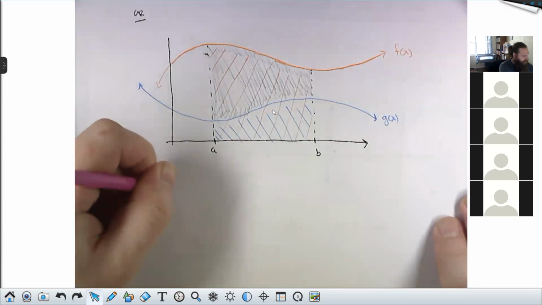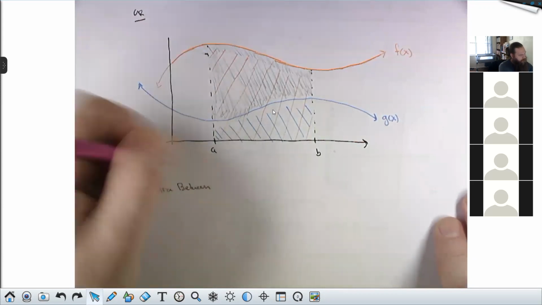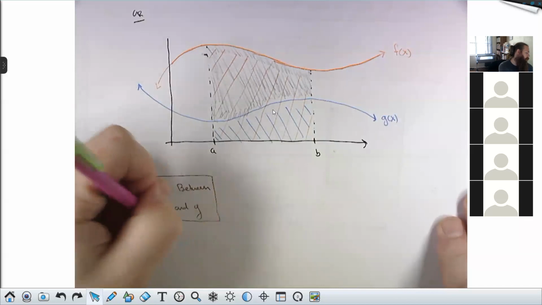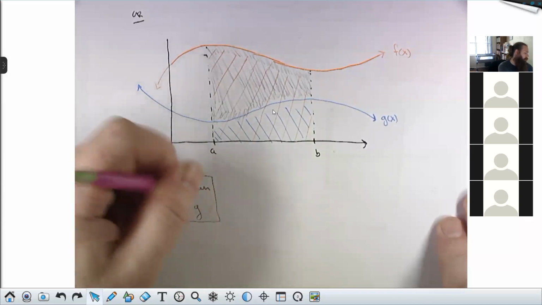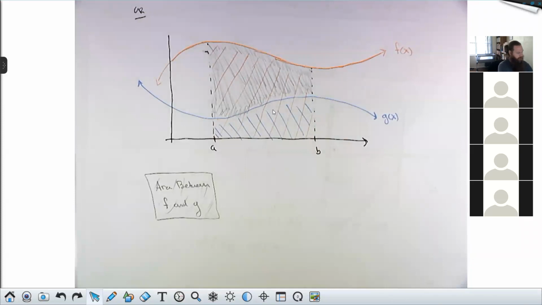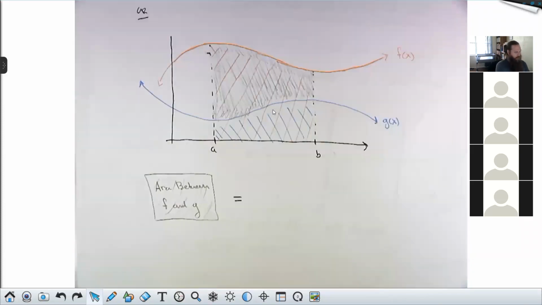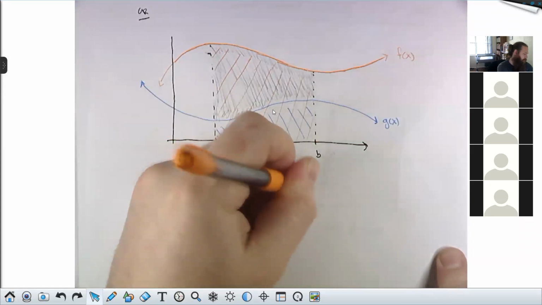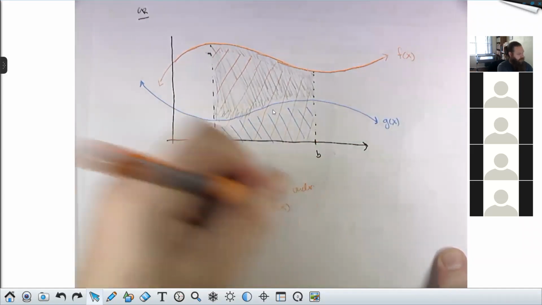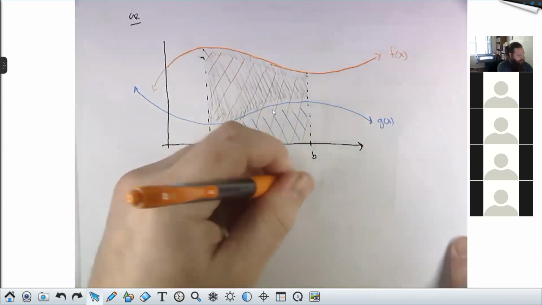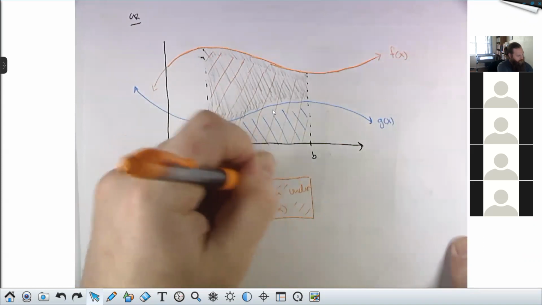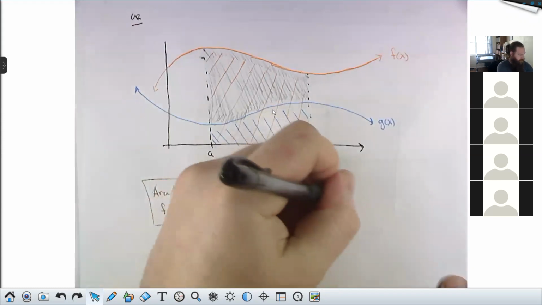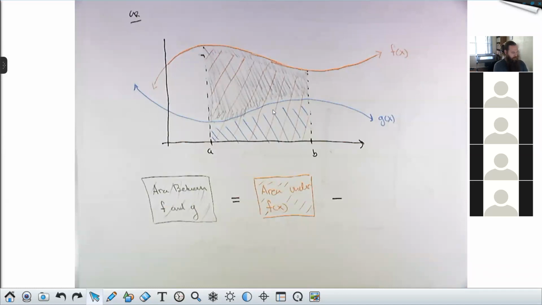So the area between f and g, which is the area in pencil, is equal to the area under f, which here is in orange, minus the area under g.